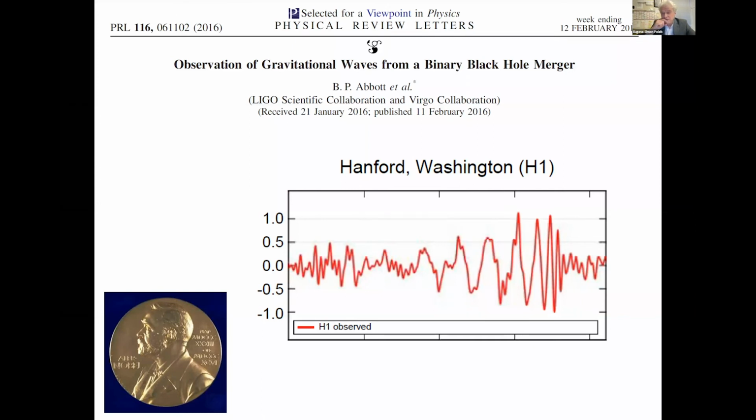So a few years ago, they observed gravitational waves. How did they do it? In a very pictorial way, they have an interferometer. This interferometer is just a Michelson with the length of the leg of 4 kilometers.